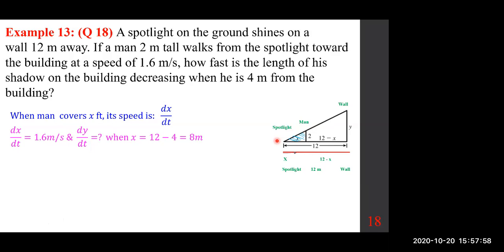Again, you can do the same thing. You can pick 2 from the small one, y from the large one. You can pick x from the small one, 12 from the large one, or different ways of writing it. On purpose, I've done it slightly different here. Remember, you want to relate x and y. That's why they must be there.